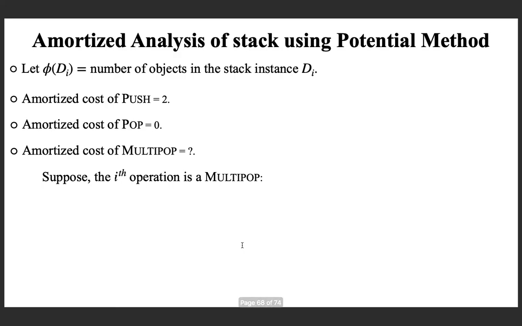So assume that the ith operation is multi-pop, and the previous potential is S as usual, and now you note that you are going to do a multi-pop, and the number of elements on the stack will be decreased by the minimum of these two, which I think you remember, because you have to pop k elements, which you will do if there are k or more elements on the stack, and suppose this quantity is more than the number of elements on the stack, then you will pop out these many elements, and that is why the potential of the new instance is this.